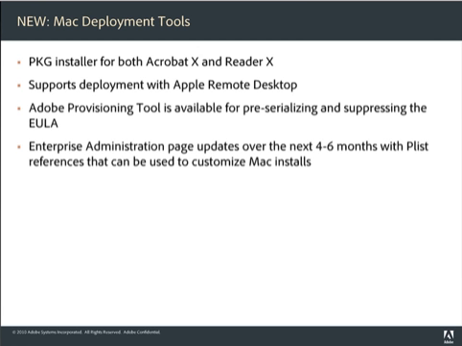There's also the provisioning tool that can be used for pre-serializing the product and also suppressing the EULA. The reason you want to do that is oftentimes Acrobat has some startup operations for the typical end user. But in corporations, you can have your IT manager agree to the end user license agreement for the entire organization.